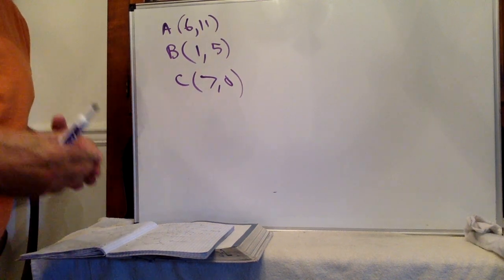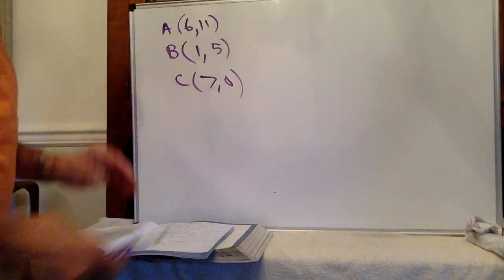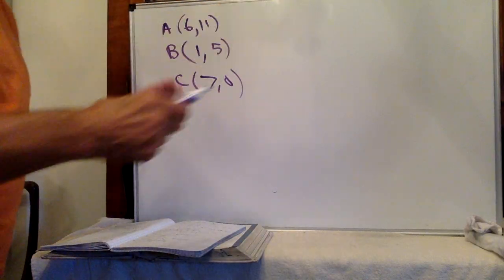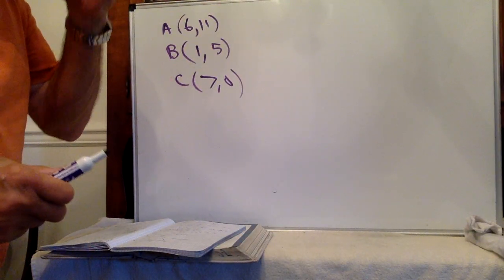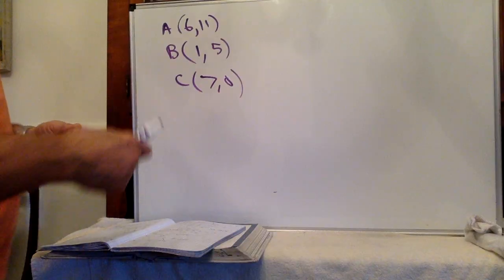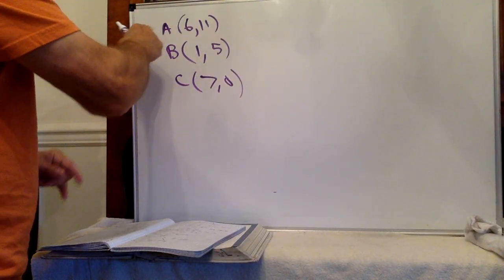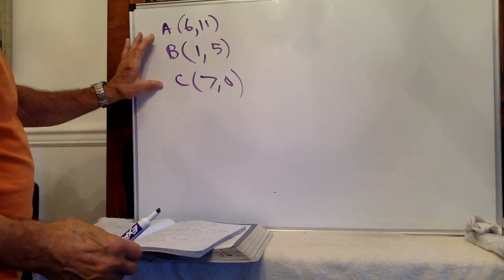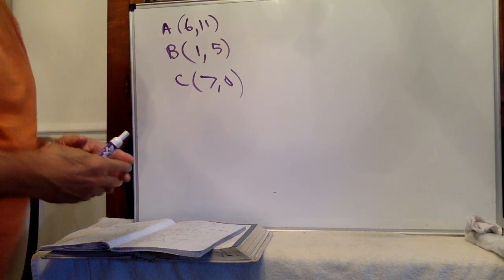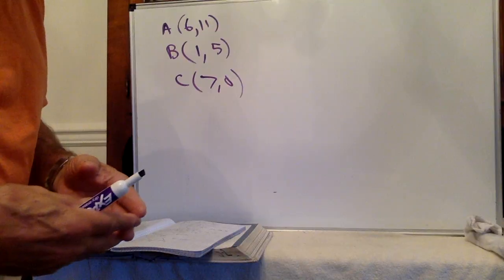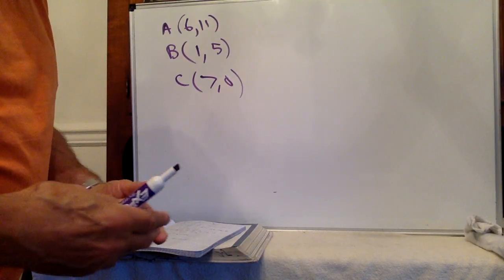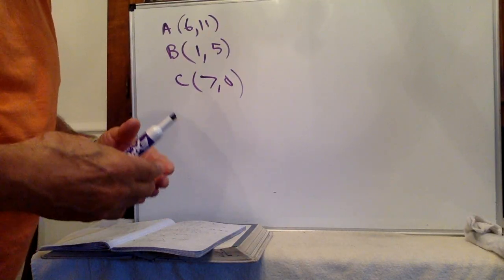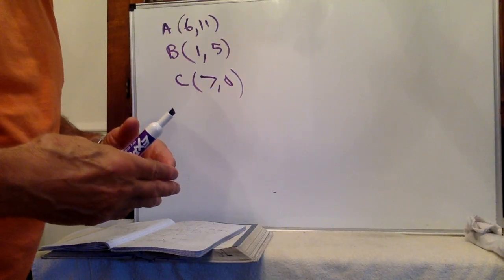Well, you don't even need to draw a sketch. All you need to do is use slopes, because if I find the slopes of the 3 sides of this triangle, AB, BC, and AC, if 2 of them have slopes that are negative reciprocals, then those 2 particular sides are perpendicular.